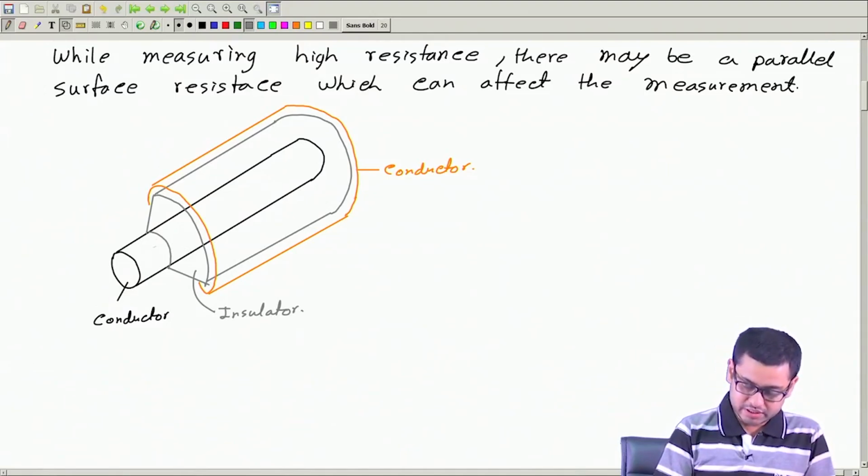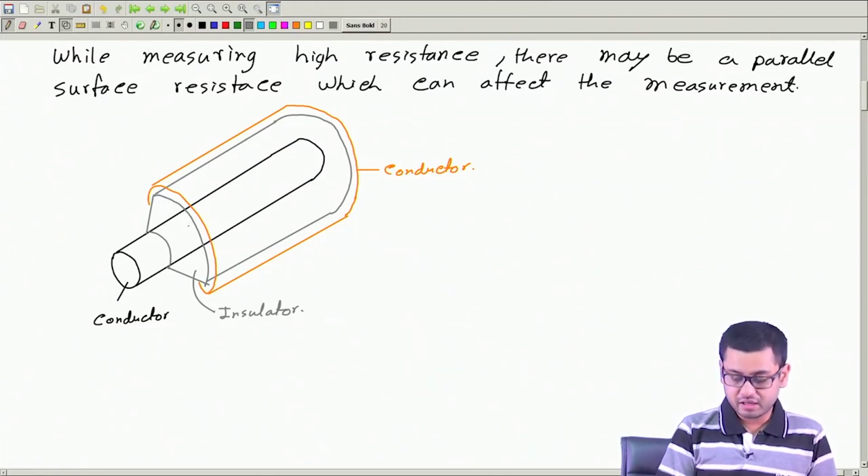Now, the insulation between this should be able to separate these two conductors perfectly. There should be no leakage current between the inner core and the outer sheath, but no insulator is perfect.